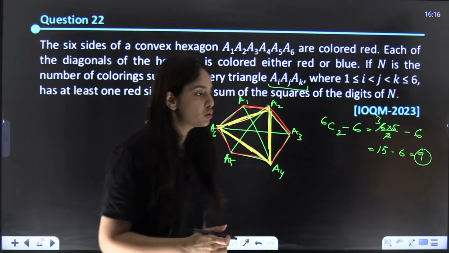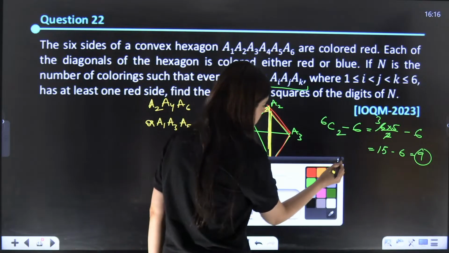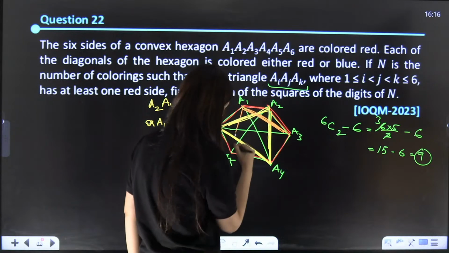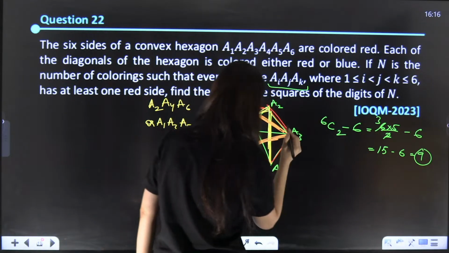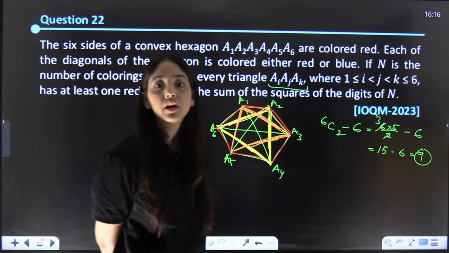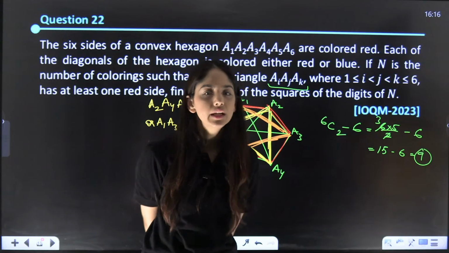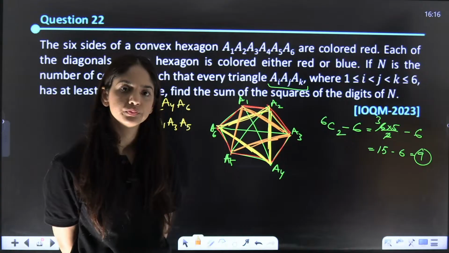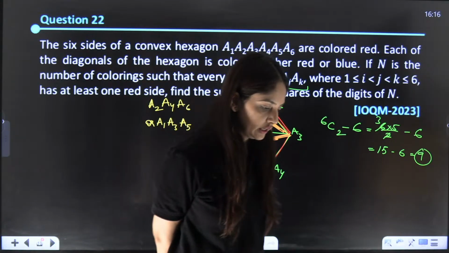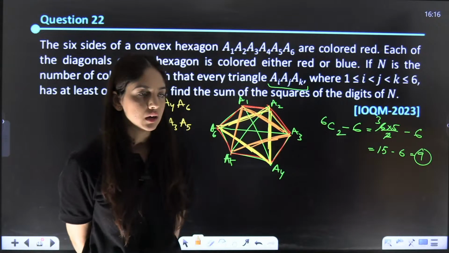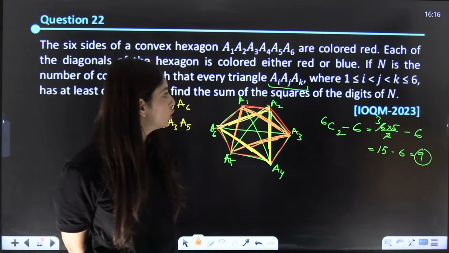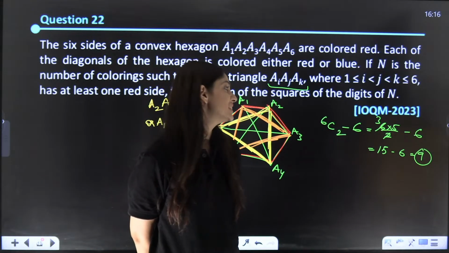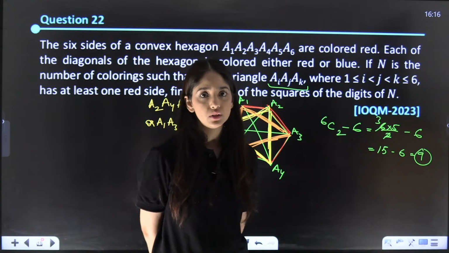And with these 2 we have 6 diagonals. So we have to find the number of colorings for these 6. The rest can be anything, right? So the new problem becomes that what will be the total possible number of colorings for these 9 diagonals, because we have covered those 6 sides.